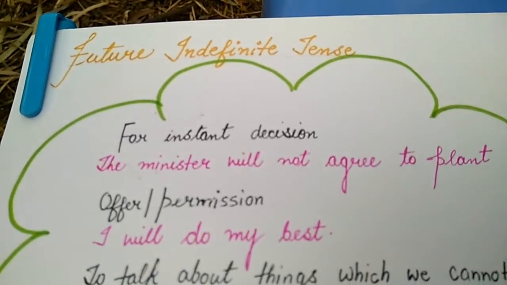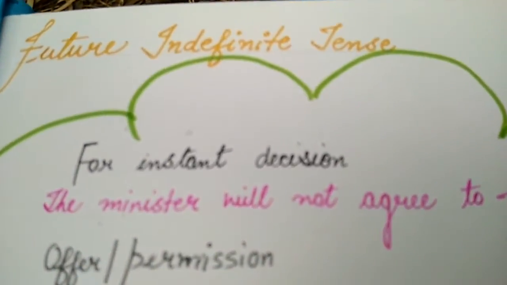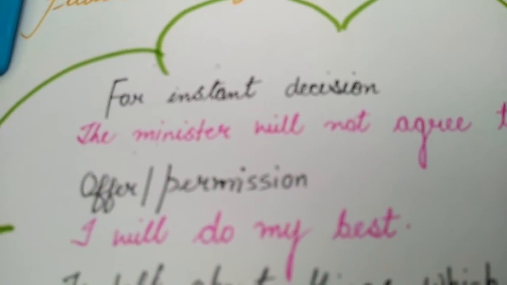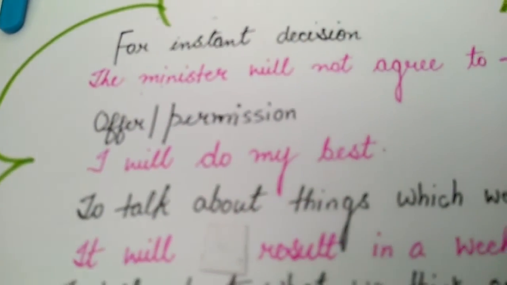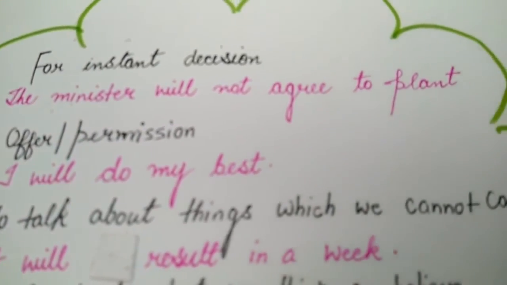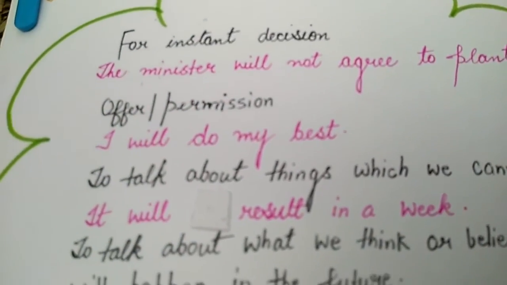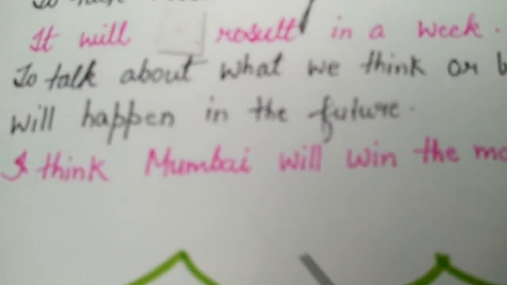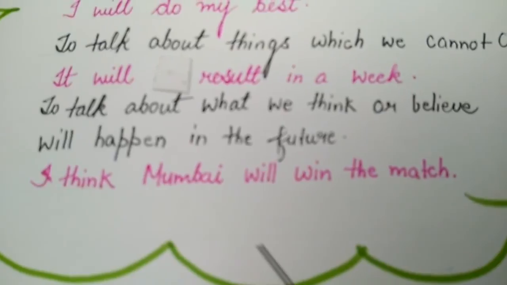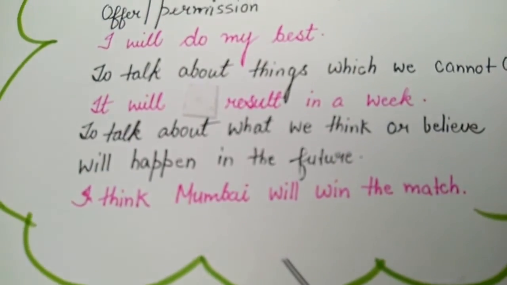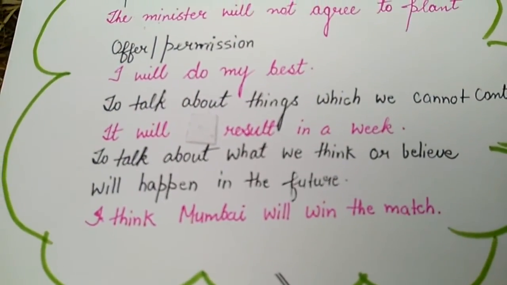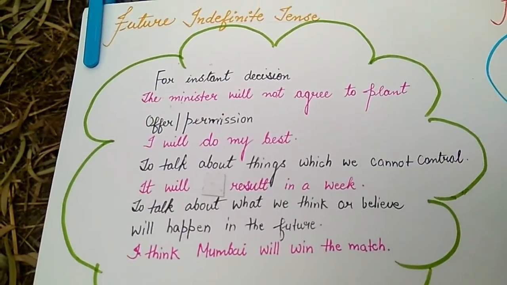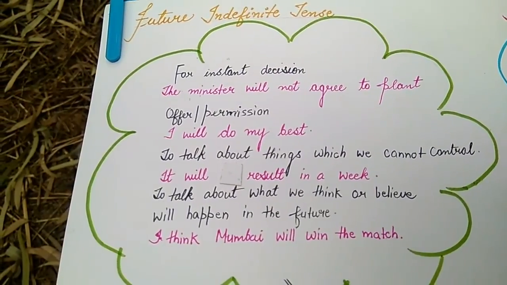It can be used in four different situations: for making an instant decision, for offer or permission, to talk about things which we cannot control, and to talk about what we think or believe may happen in the near future. So these have been a few possible usages of future indefinite tense.